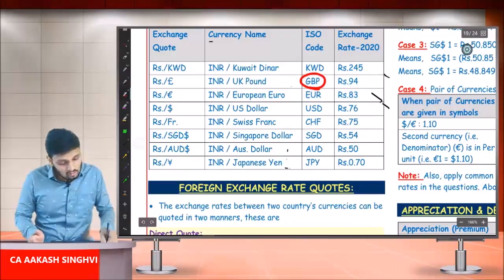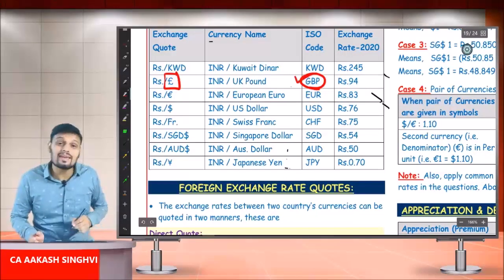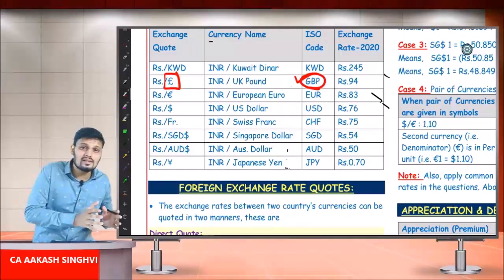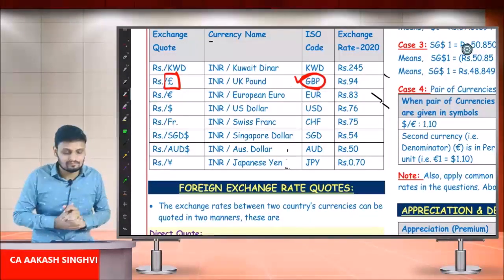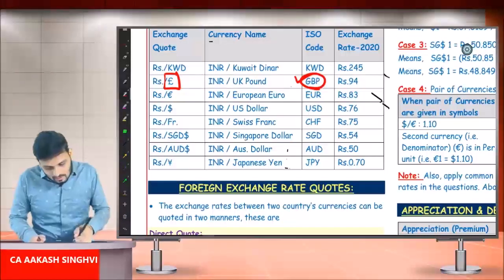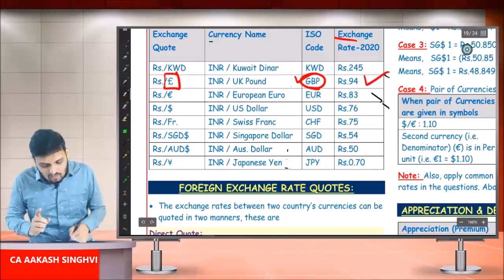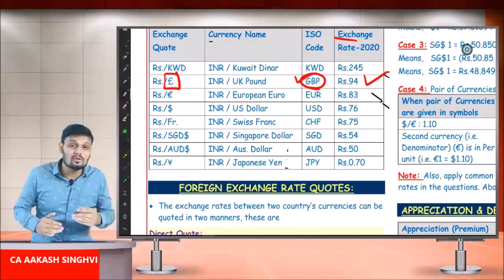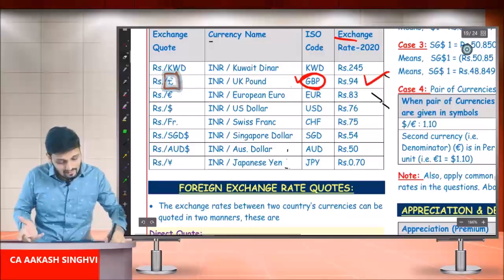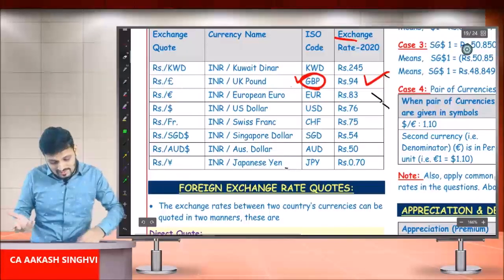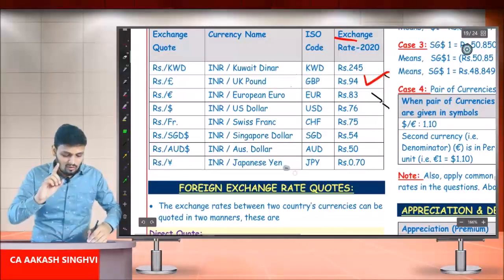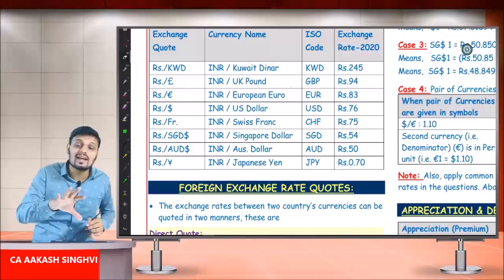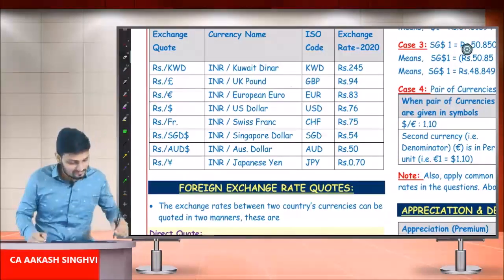They are not even giving you the symbol, they will straight away give you the ISO code. So you need to be a little bit aware of which currency has what ISO code. Okay, so the exchange rate of 1 GBP is how much? 94 rupees. So it is costlier than the US dollar, as you might be aware. But if you're not aware, just assume that for 1 UK pound we spend somewhere around roughly 100 rupees. That is the value of 1 UK pound.